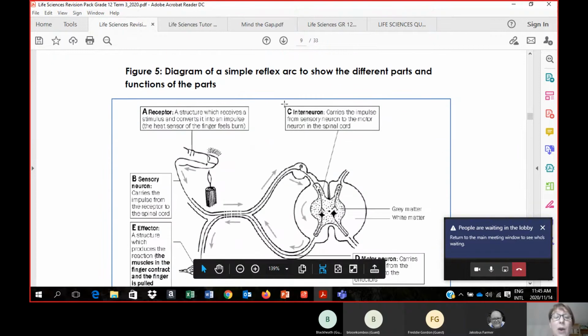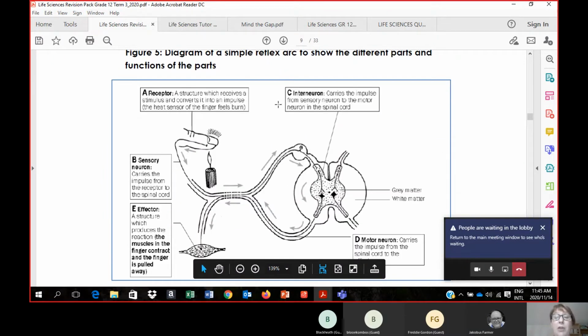All right, so over here, this diagram, which I also want you to study carefully, is a diagram of a reflex arc. Now, a reflex arc simply shows you the pathway that the nerve impulse travels. So over here, the pathway is always from the receptor, and then it goes, maybe let me just do this quickly.